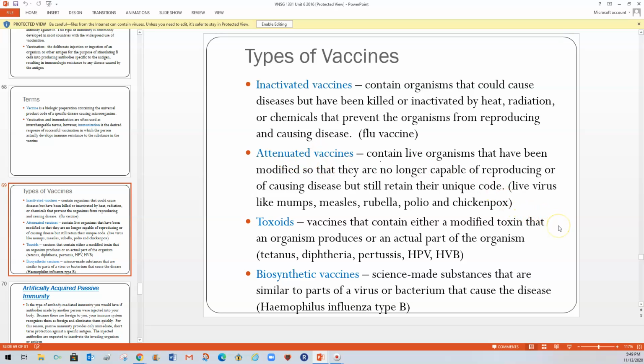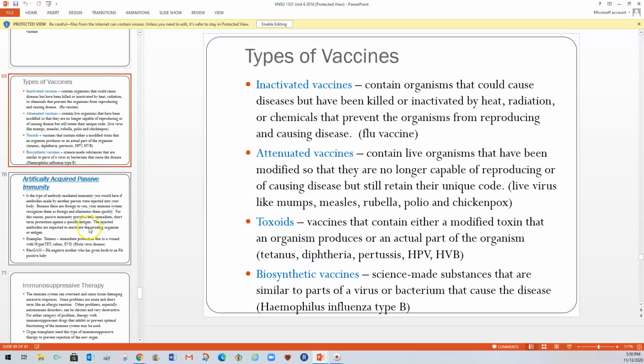Toxoids contain either a modified toxin that an organism produces or the actual part of the organism, such as tetanus, diphtheria, pertussis, HPV, and HDV. Biosynthetic vaccines are science-made substances that are similar to parts of a virus or bacteria that cause a disease. So influenza type B. So be sure you know these types of vaccines.